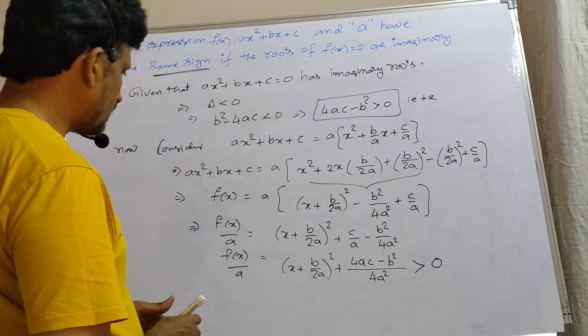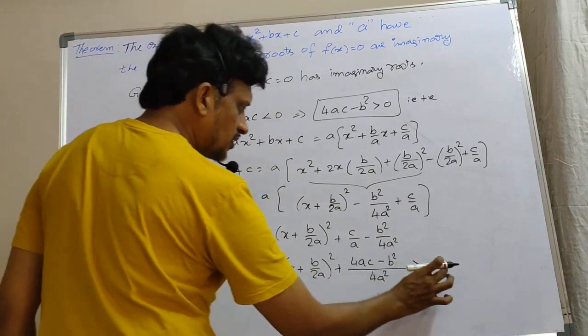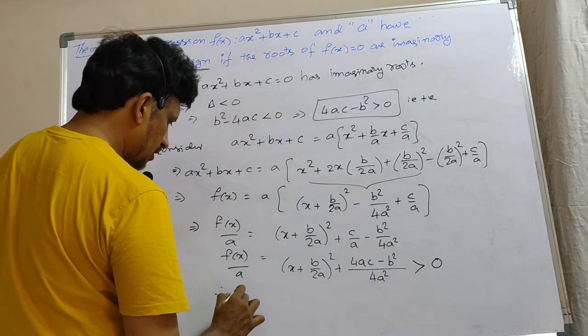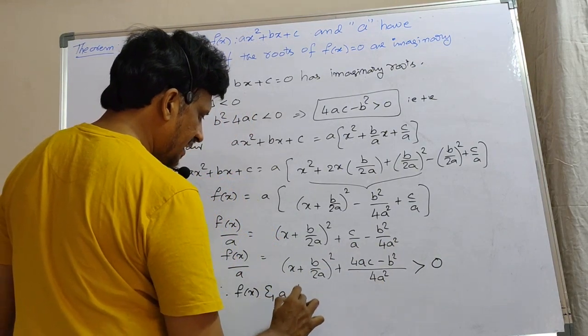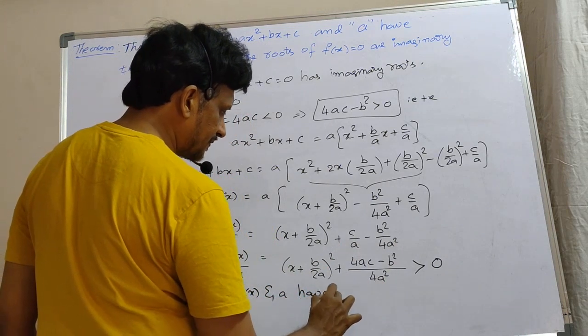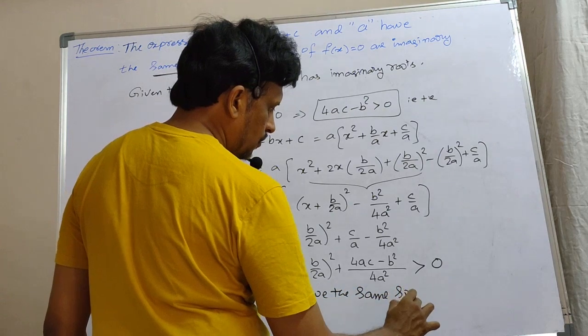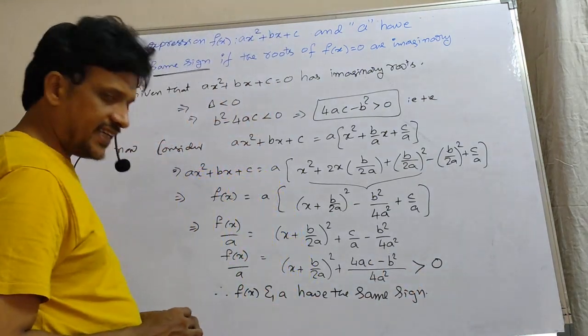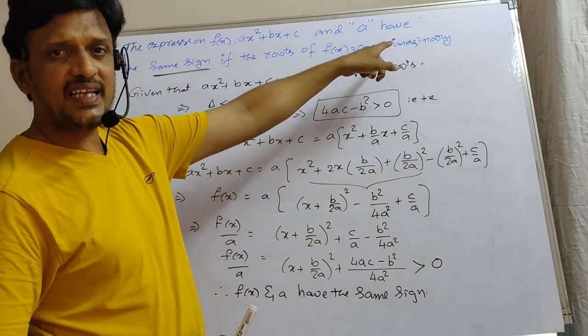That is why, f(x)/a is a positive fraction, which means the numerator f(x) and the denominator a have the same sign. So these two have the same sign when the expression has imaginary zeros.